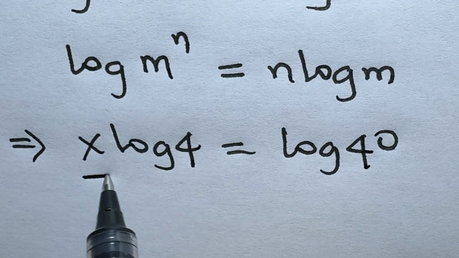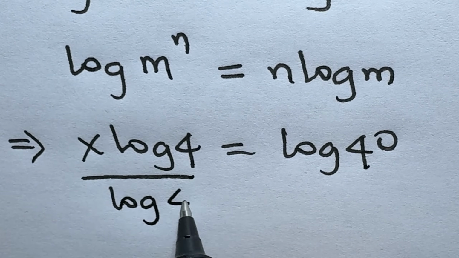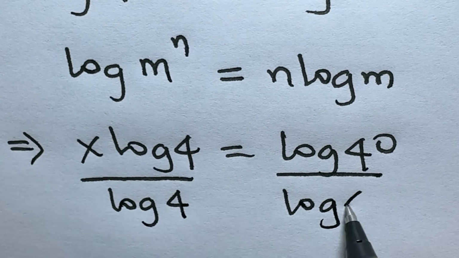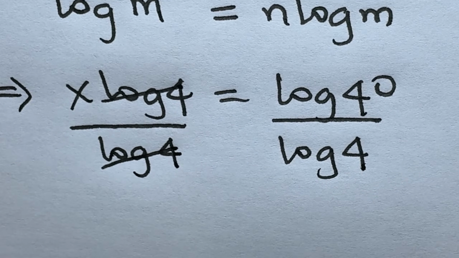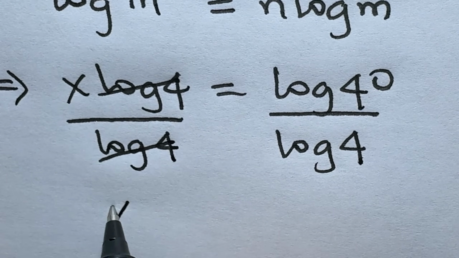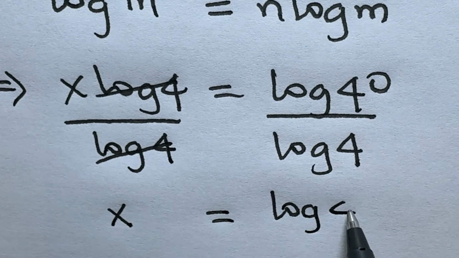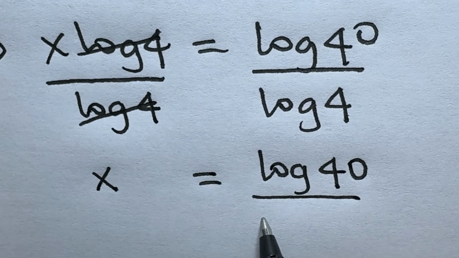Now let us divide both sides by log 4 on both sides. Log 4 cancels log 4 here. Then we have x is equal to log 40 divided by log 4.